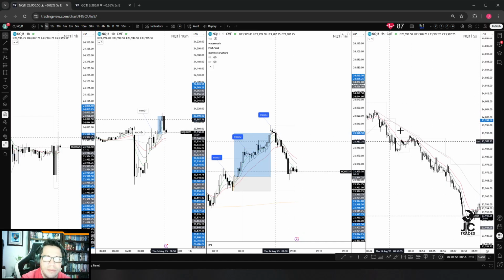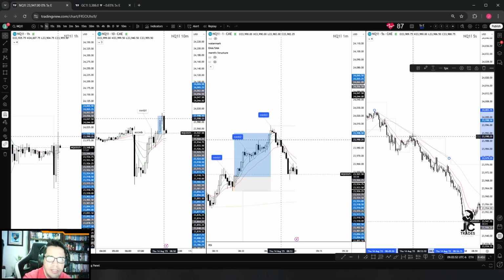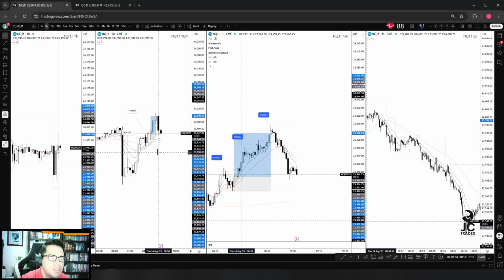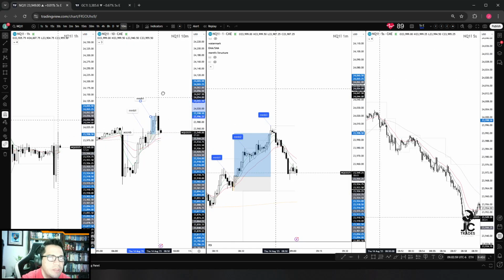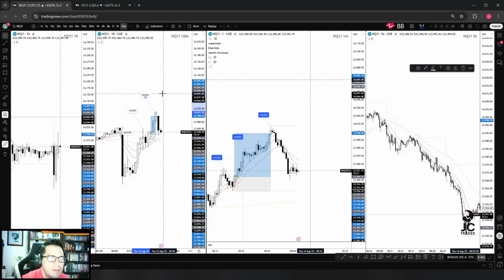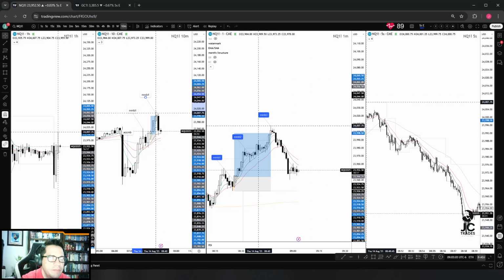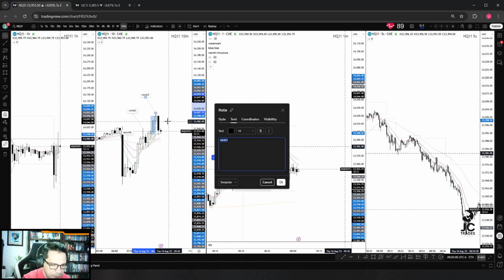So at this point, we are flushing on MMB2 on our higher time frame, our context time frame, as part of MMB2.